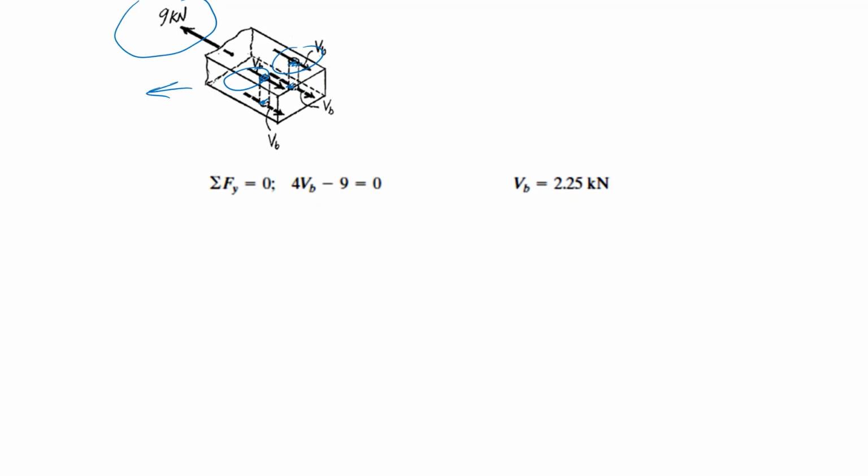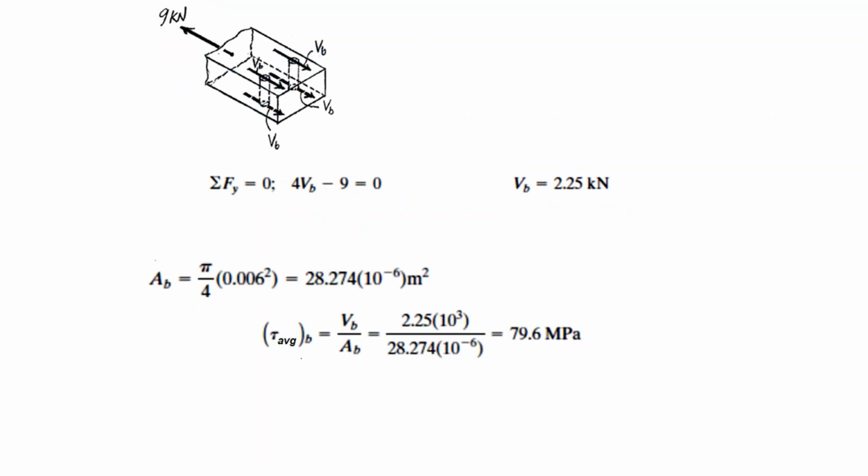If you write the equilibrium along this axis, then you have 4 V_B, the shear force in the bolt, minus 9 kilonewtons equals zero. So you have the shear force in each section of the bolt connections. Each section has to carry 2.25 kilonewtons.